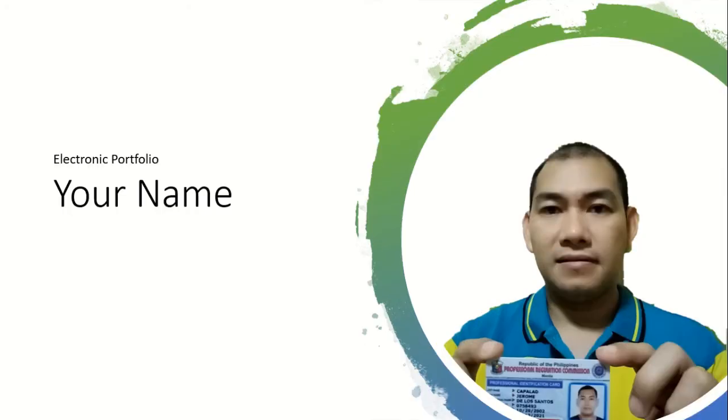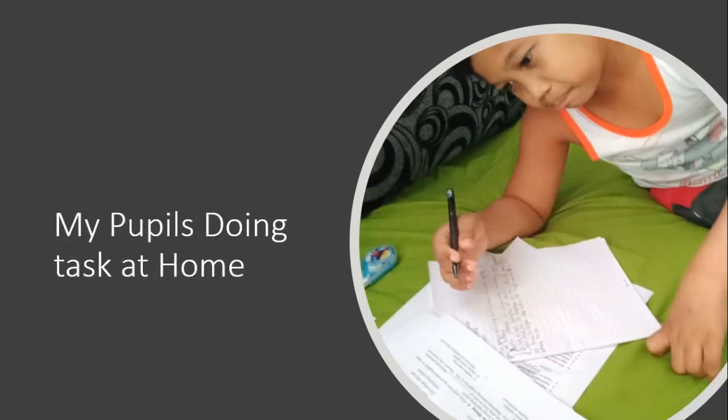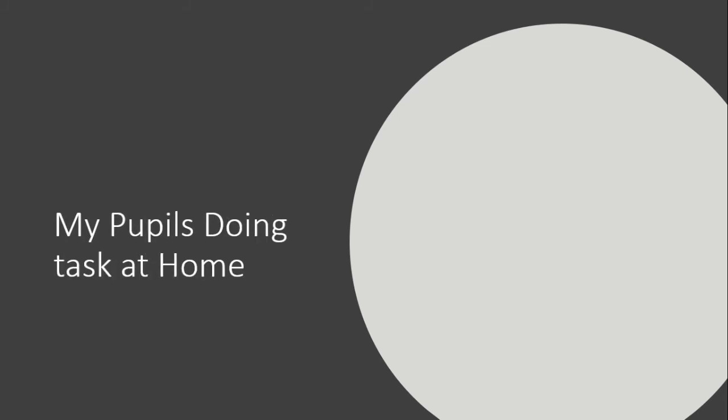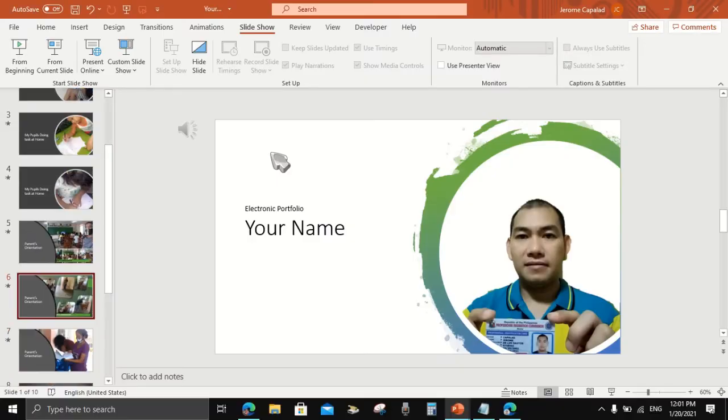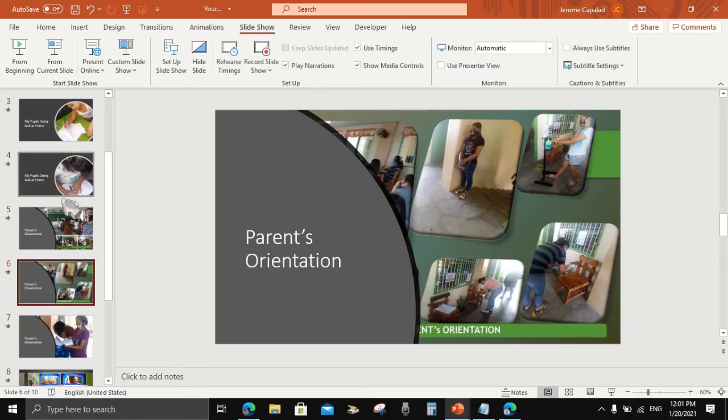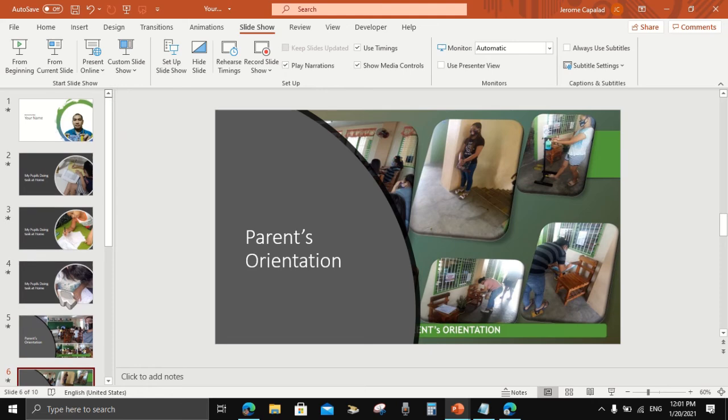As what you're seeing, it's not showing sound, but when you click it, it will show the sound. Okay, then next. So that is just the preview of what you're going to do.